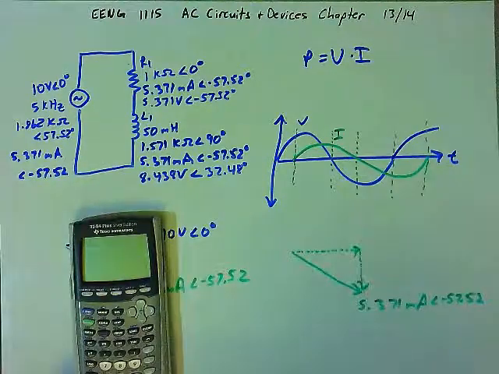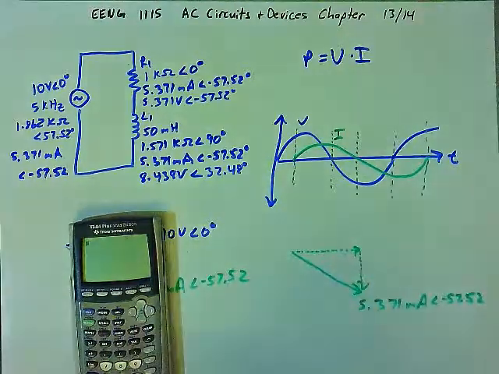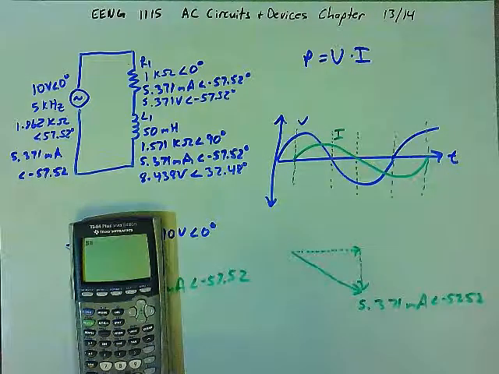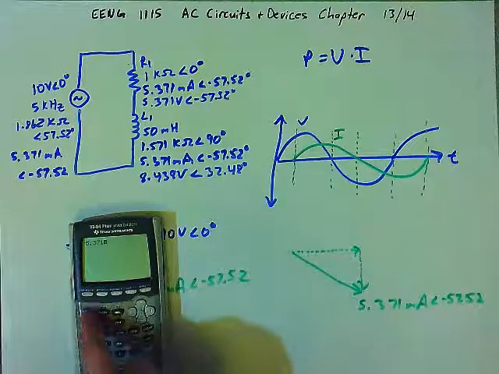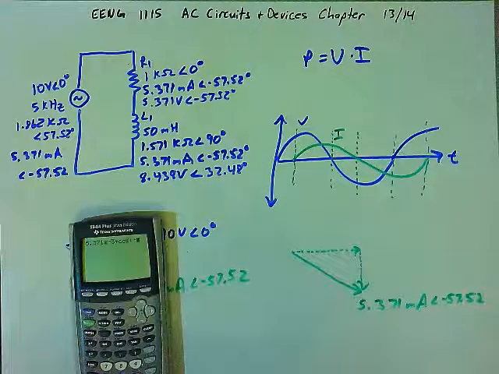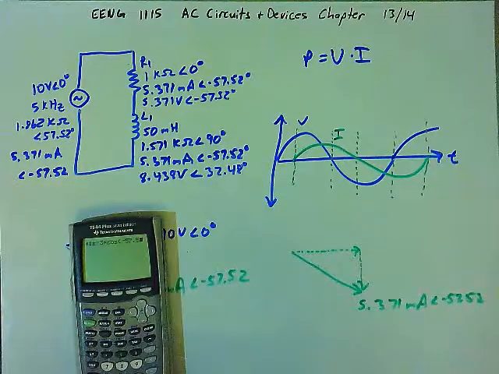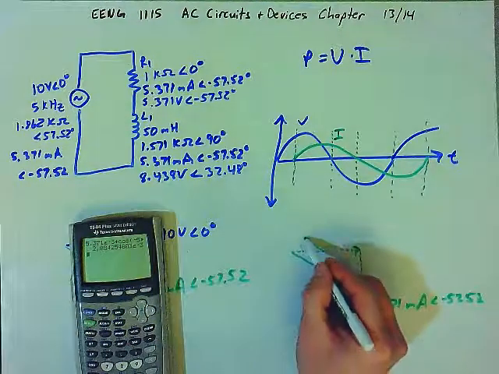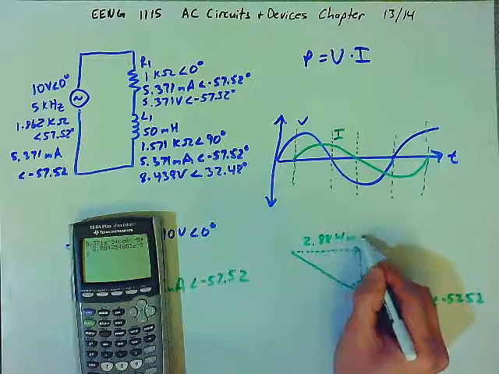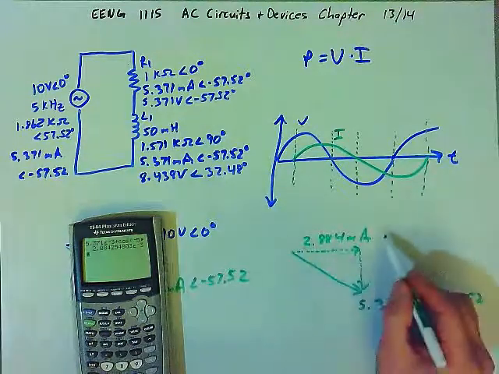We can find the x component of the vector by taking the magnitude multiplied by the cosine of the angle. So 5.371 milliamps times the cosine of negative 57.52. And so the x component of this vector is 2.884 milliamps, and this component is at 0 degrees.